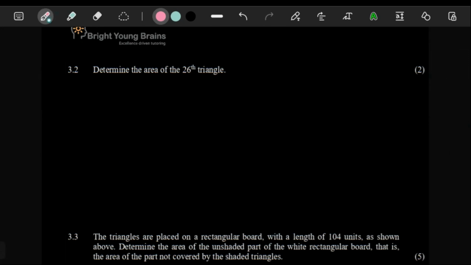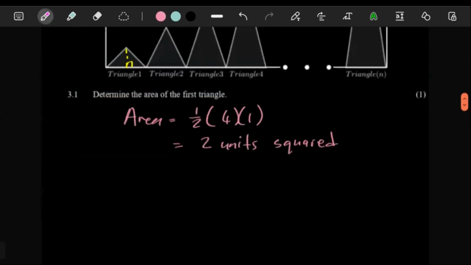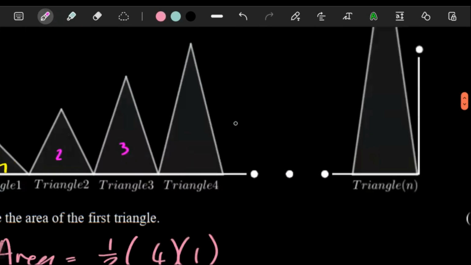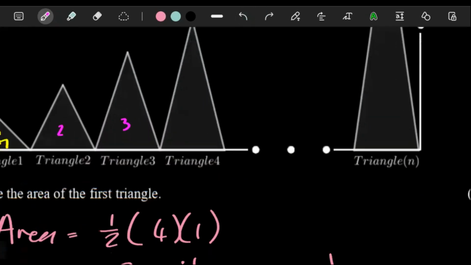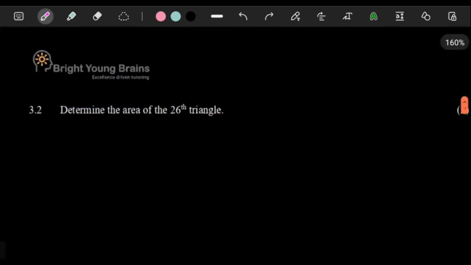So getting the area of the triangle in the 26th position, one thing you can already remember is the triangle in position number 1 has a height of 1. The triangle in position number 2 has a height of 2. The triangle in position number 3 has a height of 3. So somewhere along the lines, the triangle in position 23 has a height of 23, and then the one in 26 has a height of 26.